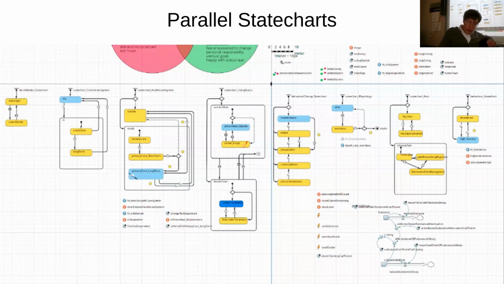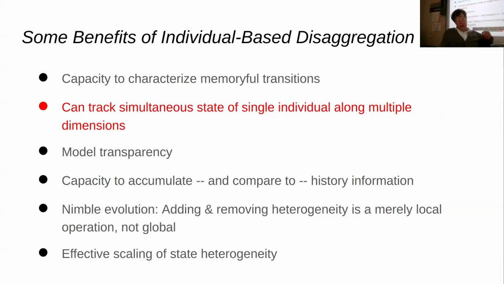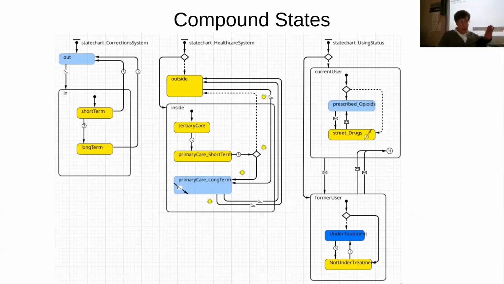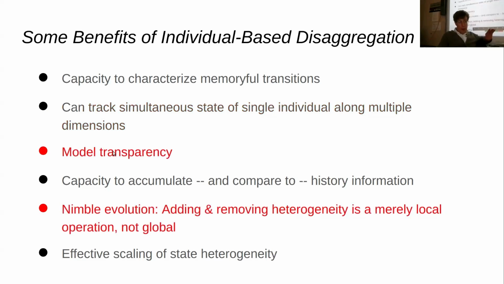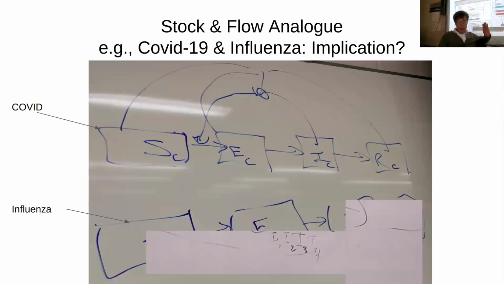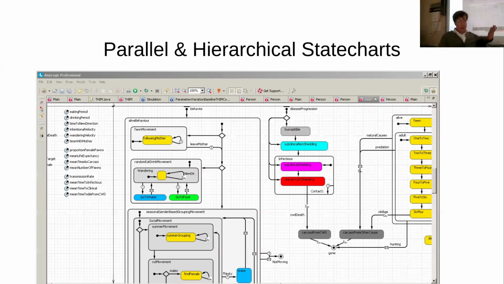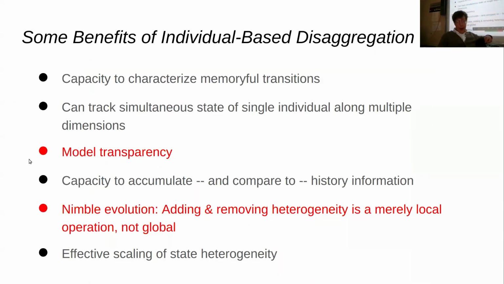But I hope you'll recognize that the bigger issue here is often that of model transparency. The transparency of the model is reduced. It's more obscure because we have so many different combinations to consider, particularly as we add a third, fourth dimension.